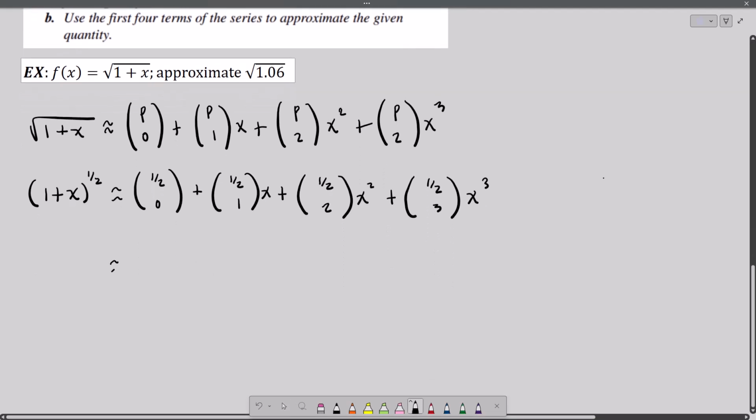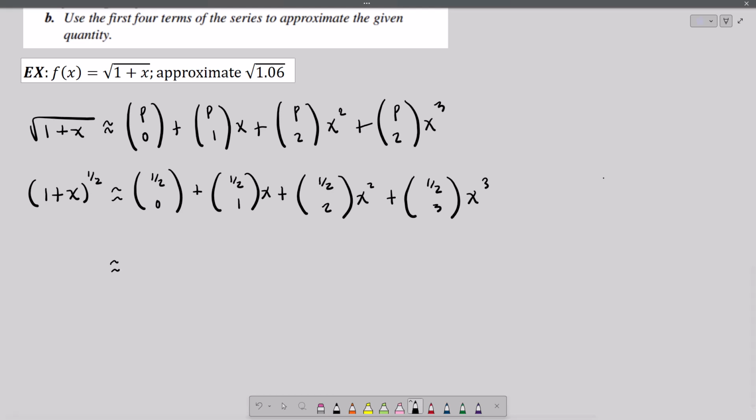Now if you do a few of these, you're going to see very quickly that this is always going to turn into what? 1/2 choose 0. Not quite. The second one is going to turn into 1/2. The second one, when you do choose 1, it's always going to be whatever the p value is.